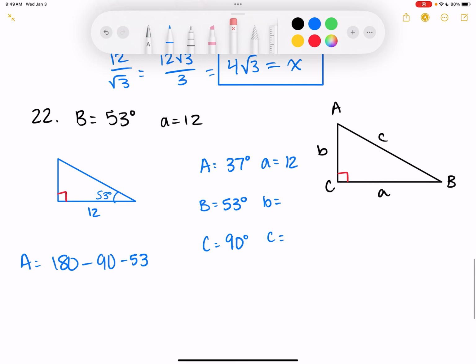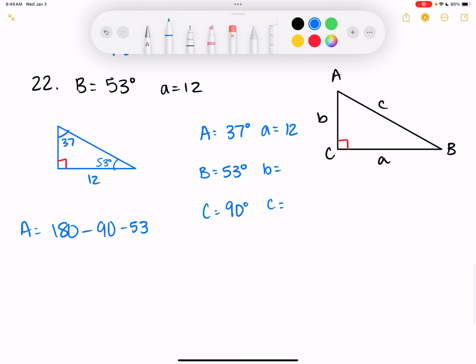So I need to find my other 2 side lengths now. So I need to find side length B and side length C. I'm going to use your calculator to do that, but first of all we're going to set it up.